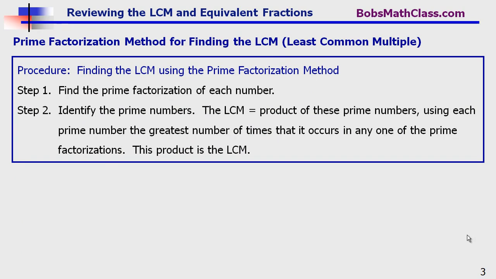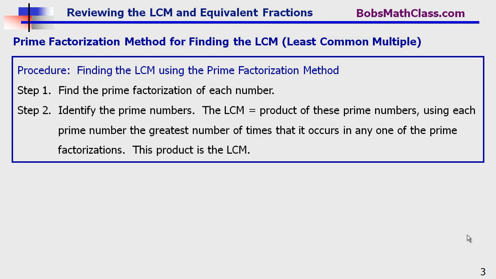Step 1. Find the prime factorization of each number. The tree, or the division method, whichever method you like to use. But that's our first step, the prime factorization. And then step 2, this is a little bit of a tricky step. Identify the prime numbers.